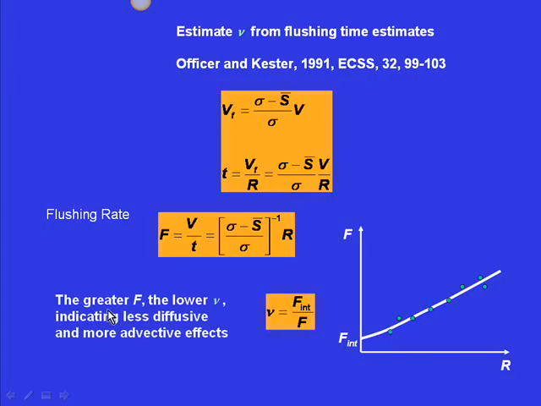So you can see that the greater the flushing rate, the lower this nu will be. So the lower the nu, what does it mean? Well, it says right there: the less the diffusive effects of the salt flux, and the more the advective effects.